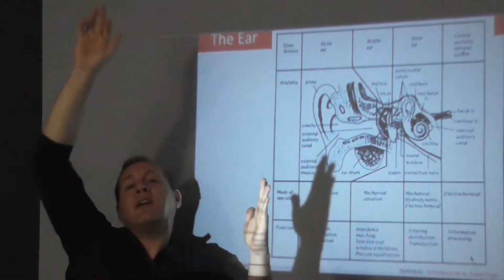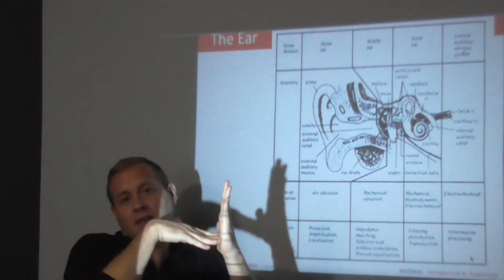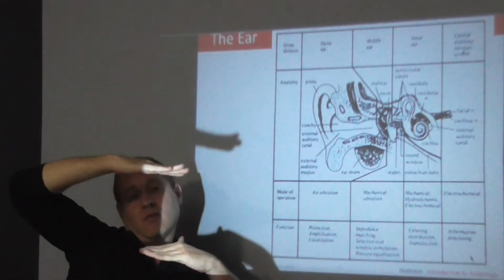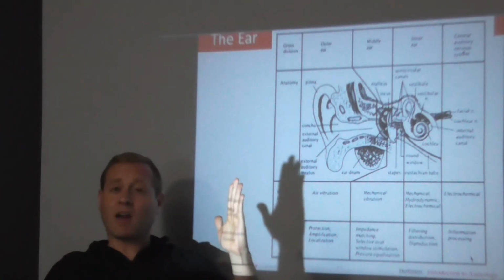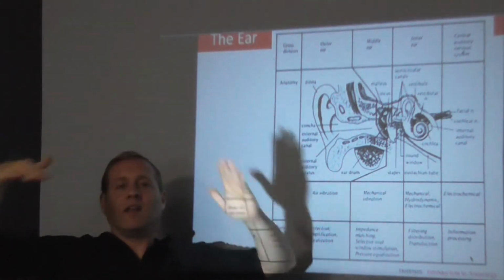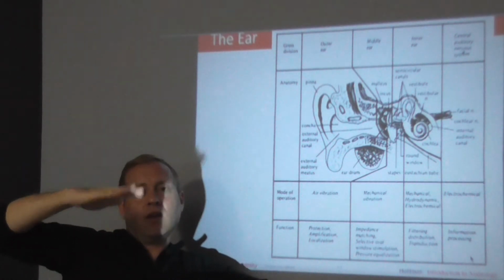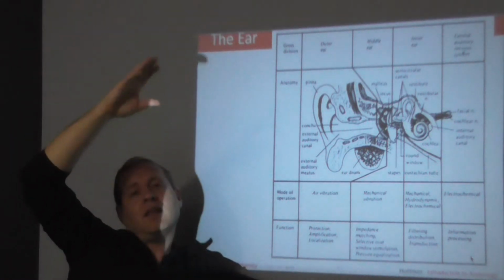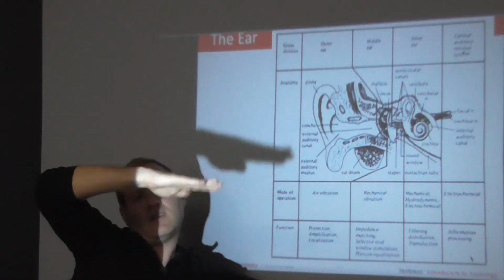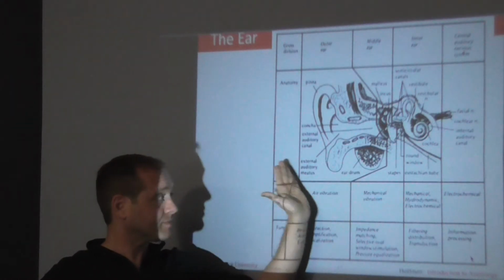Therefore, when it hits that impedance, it's going to be reduced, but it's going to be reduced to where it started because we've increased it. So, airflow, we're going to increase that, and then it's going to reduce. That's what's happening from the outer ear to the middle ear to the inner ear.